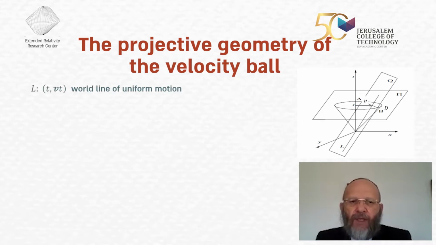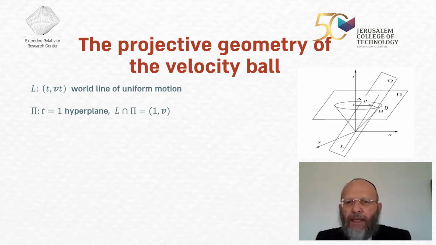To do this, we have to, first of all, embed the velocity into a world line with this velocity b. Let me see t as the time, and vt is the space increment. We denote this line by L. Here on the graph, you have this line. Then we take a plane pi at t equals 1.